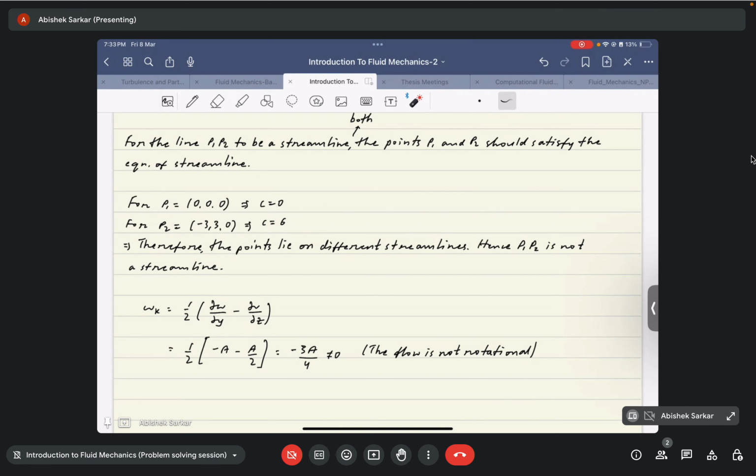So let us just check the x component of the angular velocity, which is given by half (dou w by dou y minus dou v by dou z). Okay, so if we do the calculations, we get that omega x would be equal to minus 3a by 4, and since a is a numerical constant and it is non-zero, that's why the angular velocity is non-zero, and thus the vorticity is non-zero, right? Thus the flow is rotational.